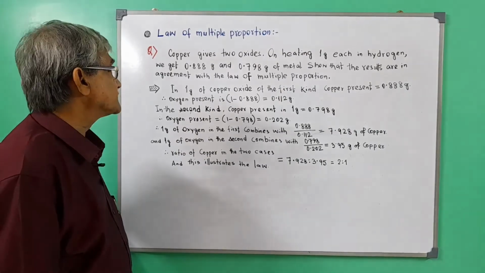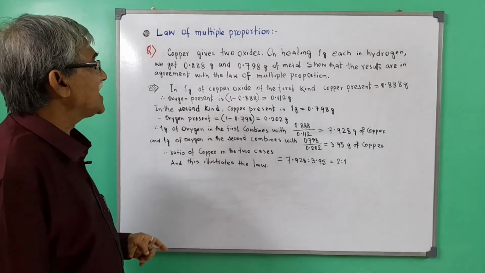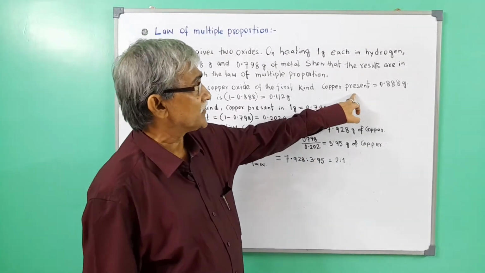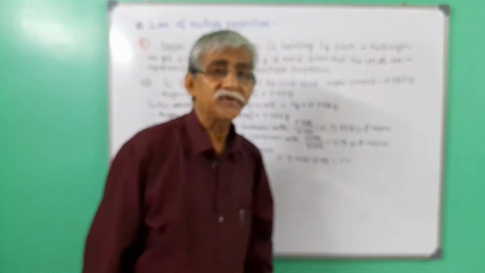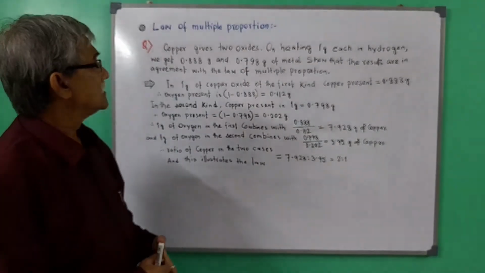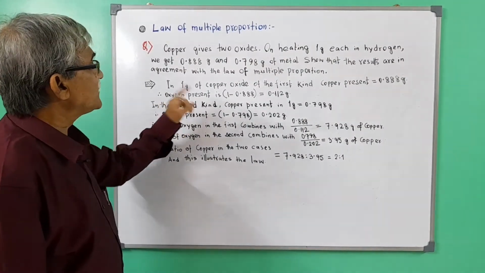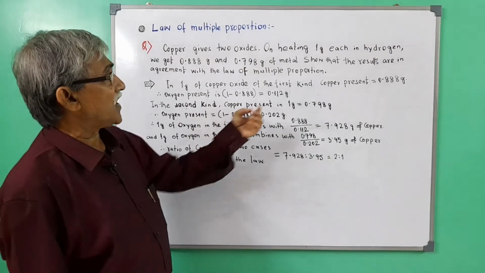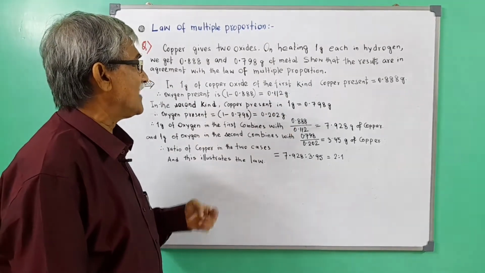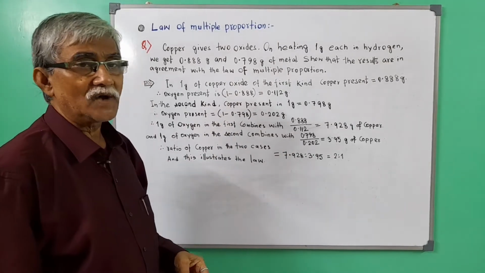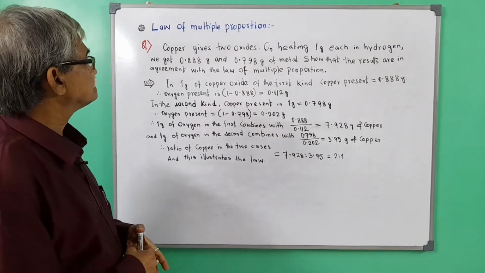Now let's answer it. Given in 1 gram of copper oxide of the first kind, the copper present is 0.888 gram. So definitely the rest is oxygen. Therefore, oxygen present is, we subtract 0.888 gram from 1 gram, that will be 0.112 gram of oxygen.